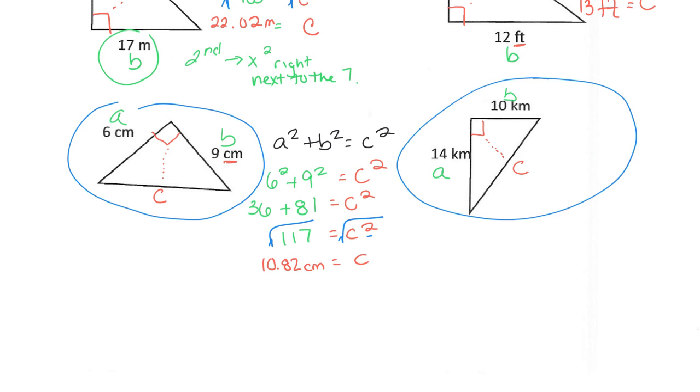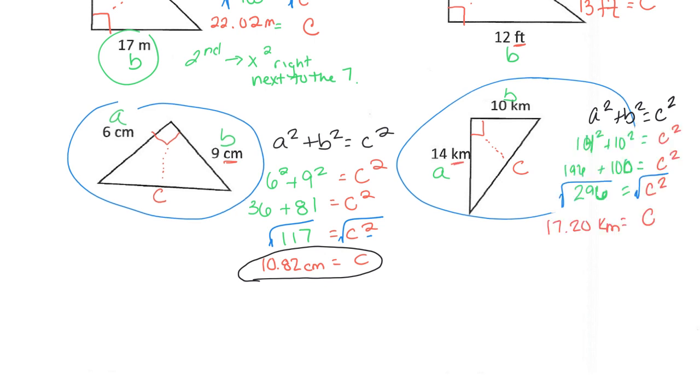All right, so just to check in on this first one, hopefully you got 10.82. Okay, 10.82 is what you should have gotten. And then hopefully you got around to labeling the second one. And then just remember it's a squared plus b squared equals c squared. All right, so pause and keep on going.